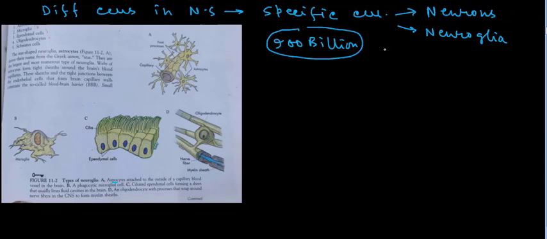Neuroglia can divide, but neurons cannot divide. And most of the benign and malignant tumors found in the nervous system originate from the neuroglial cells.